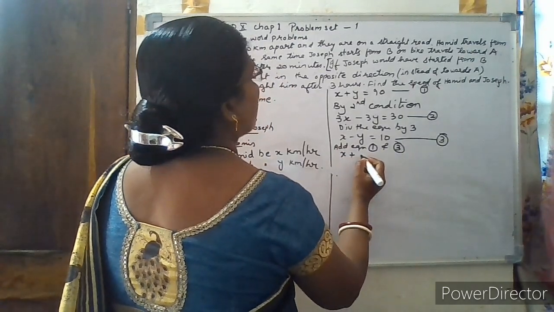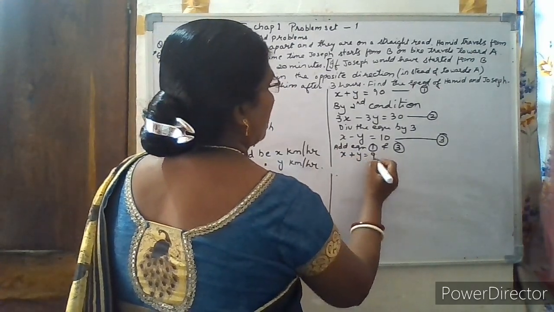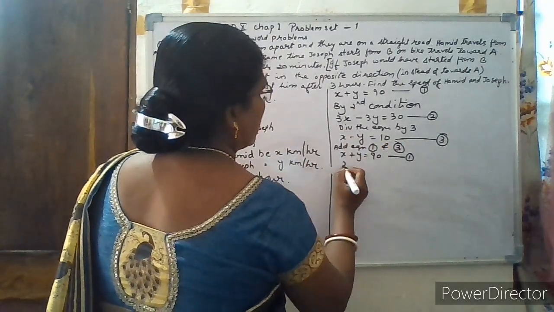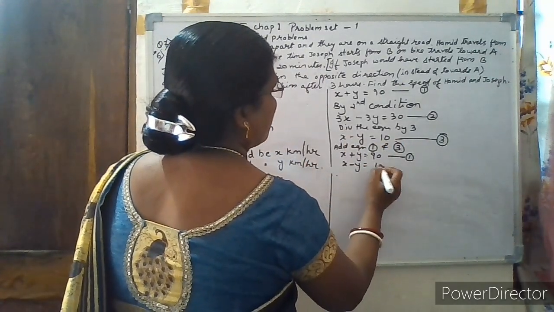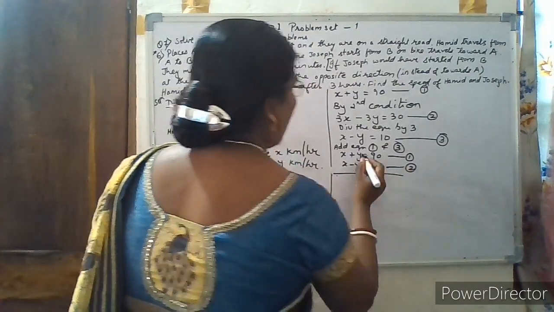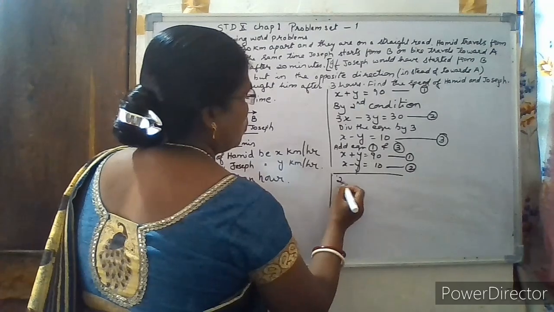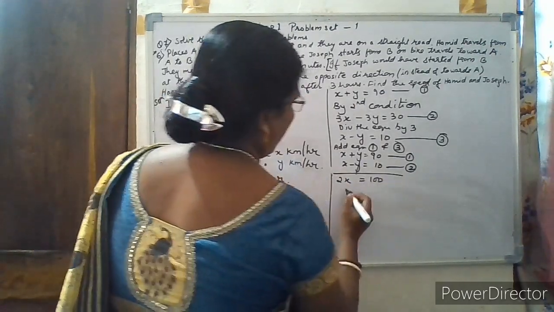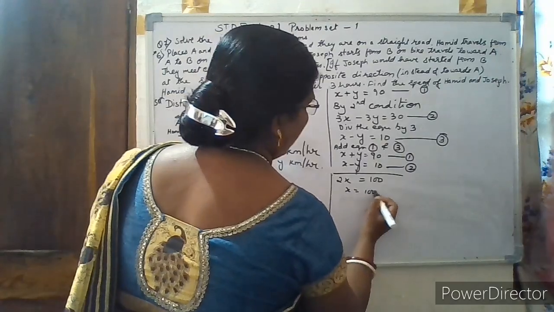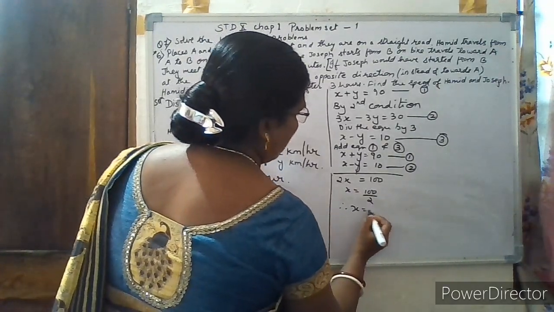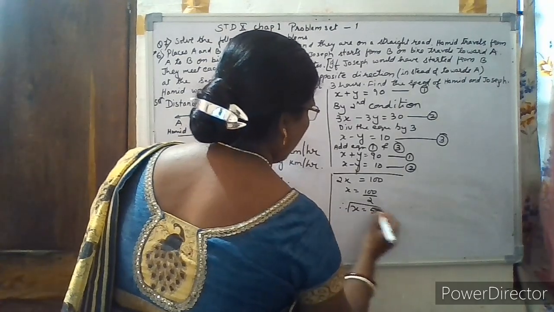Equation 1: x plus y is equal to 90. Equation 3: x minus y is equal to 10. So y gets cancelled. 2x is equal to 100, x is equal to 100 by 2. So x is equal to 50.